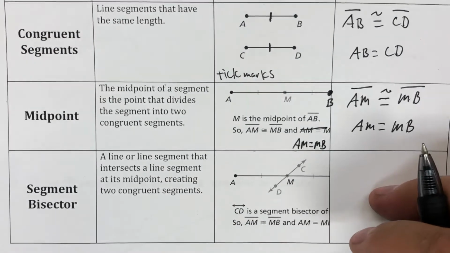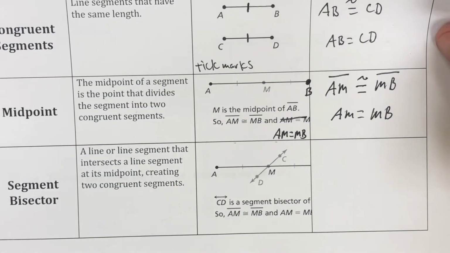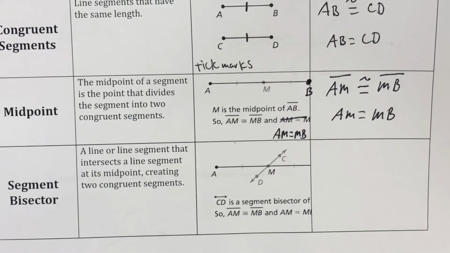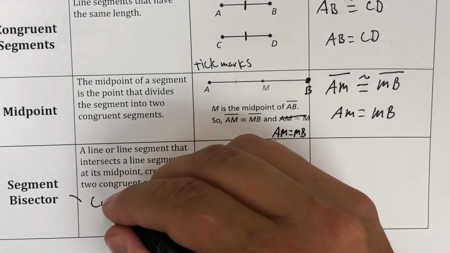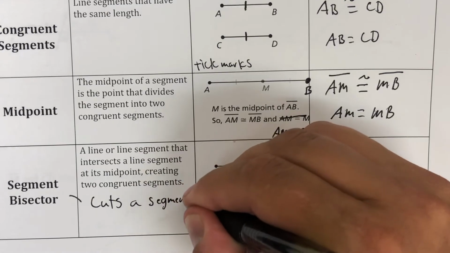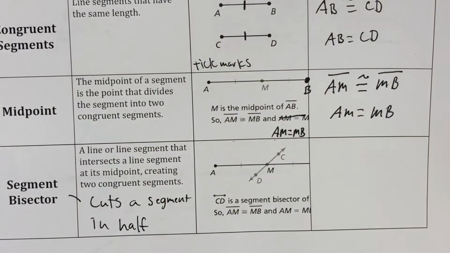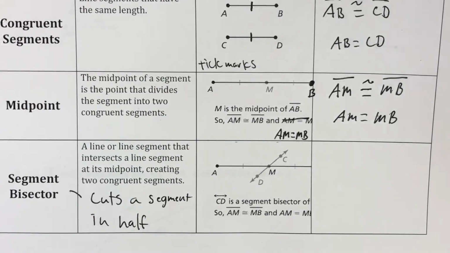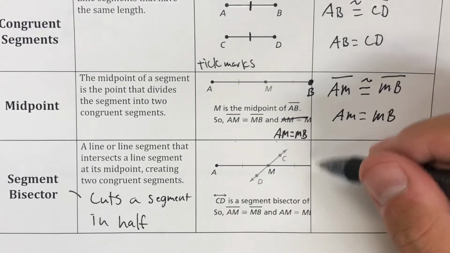Moving onward. A segment bisector is a line, could be a line segment, could be a ray. It's really anything. A segment bisector cuts a segment in half, so it cuts it into two equal parts. Bisect means cut in half. Again, this diagram got a little bit chopped off.